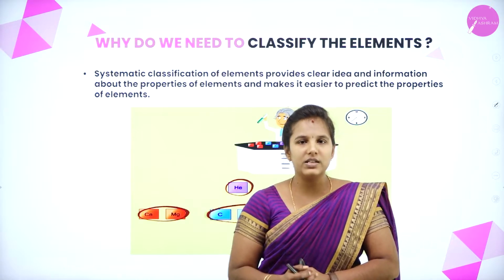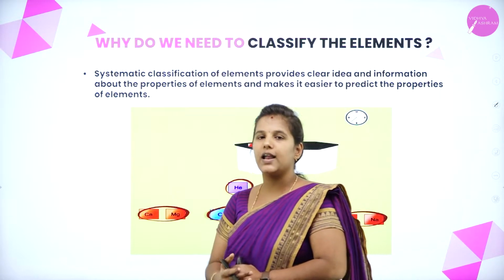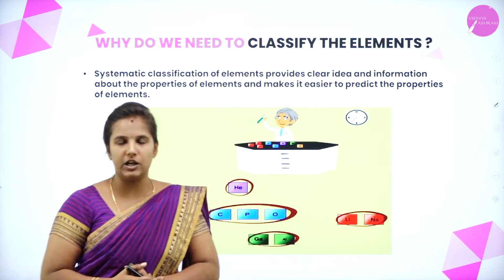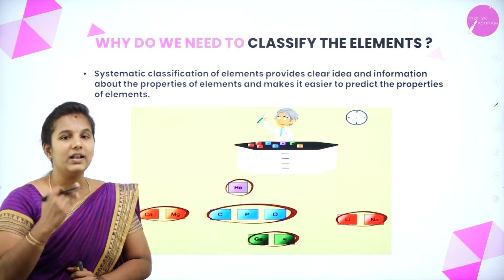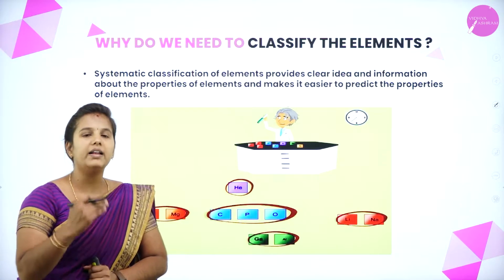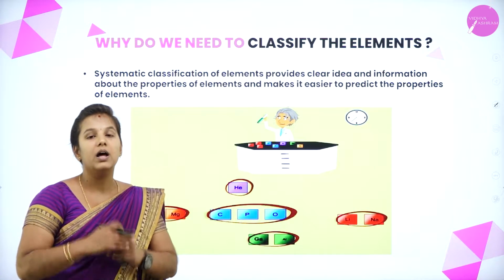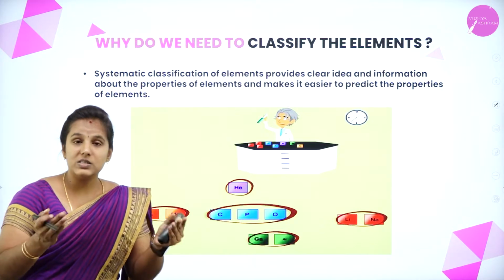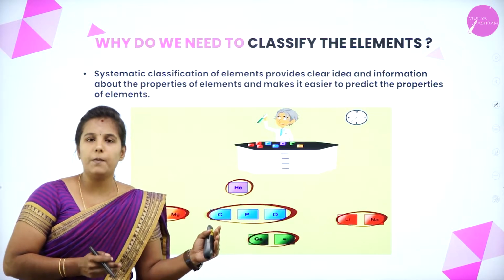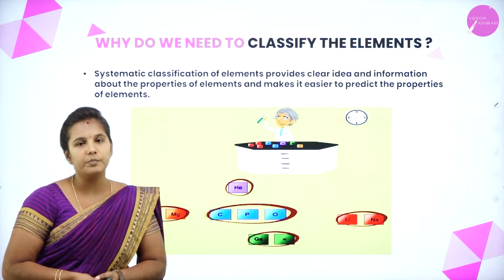Let's see why we need to classify the elements. If you classify the elements systematically, that will give a clear idea and information regarding the properties of the elements. This property may be a physical property or a chemical property.